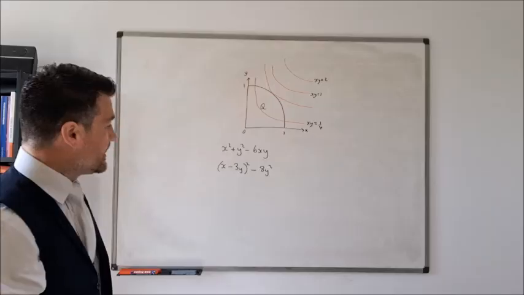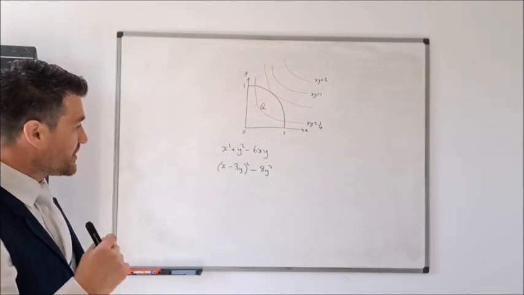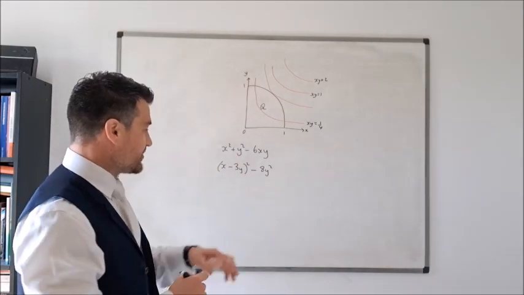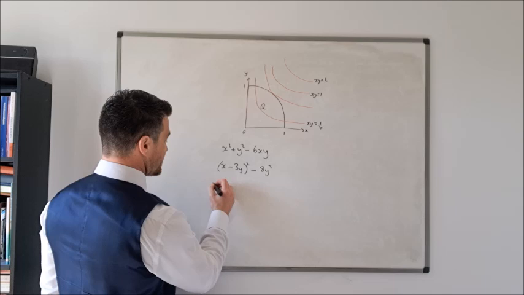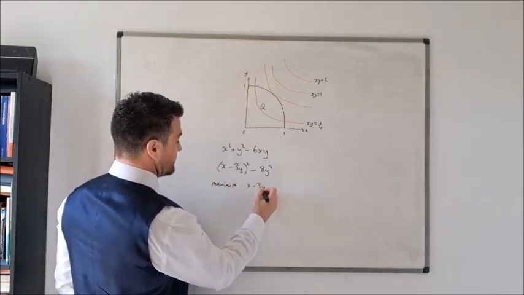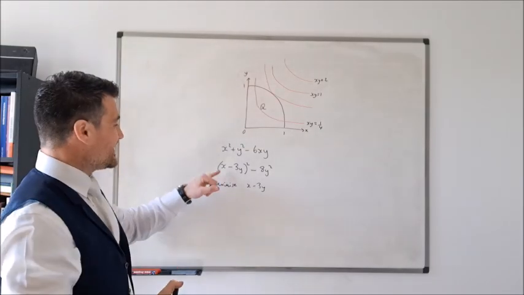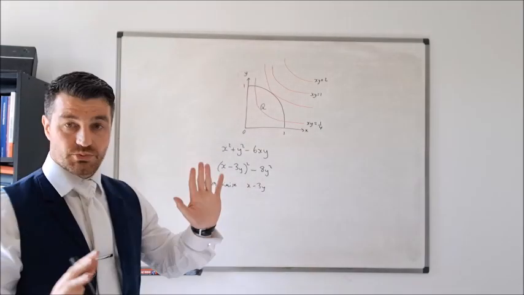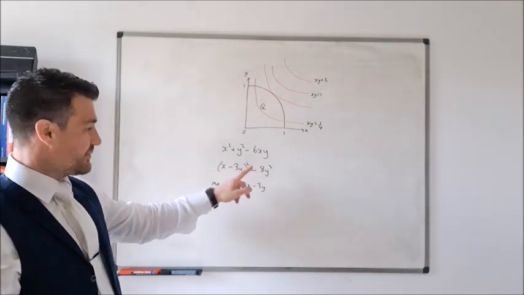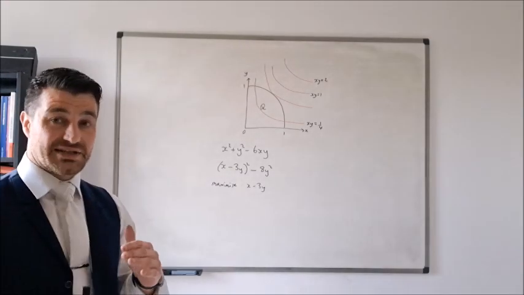Okay, why did I do this, or why did I find this more useful? Well, to maximize this expression, I need to maximize x minus 3y. Now, admittedly, I could minimize x minus 3y as well, because of the square here. I could either maximize it or minimize it, and it actually doesn't make any difference.